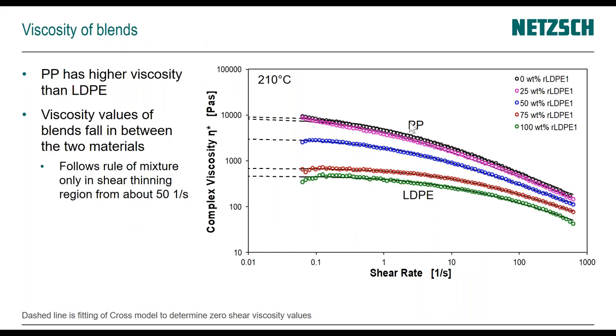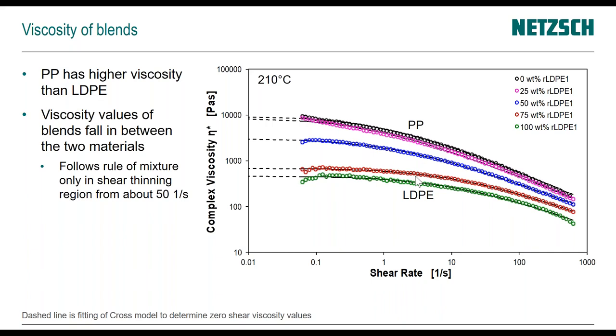Then I want to show some measurements on the blends that we investigated. So again, blends of PP and LDPE. Measured at the same temperature, we see that the polypropylene has significantly higher viscosity than the LDPE. And we can see with the blend materials in between, the blends fall between the PP and LDPE.